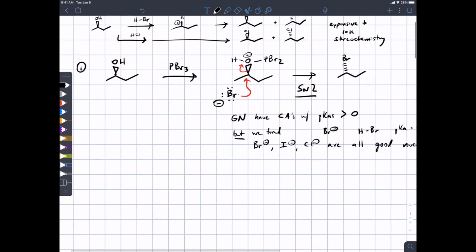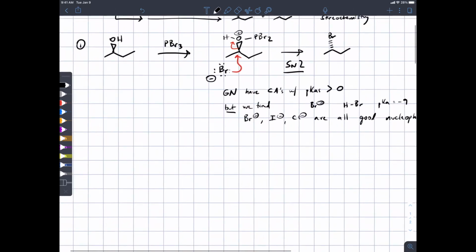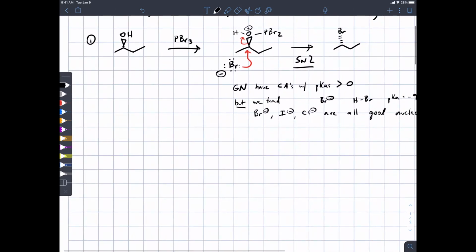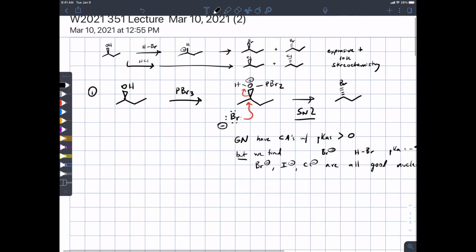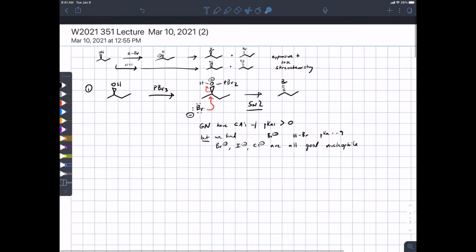But you may need to memorize and/or put them in that category to understand that this reaction can be SN2. As to why the reactions above using HBr go through SN1, whereas this one goes through SN2, I don't know. Possibly water's a better leaving group than this, but I don't have a rationale for it. I can only tell you what is observed experimentally.